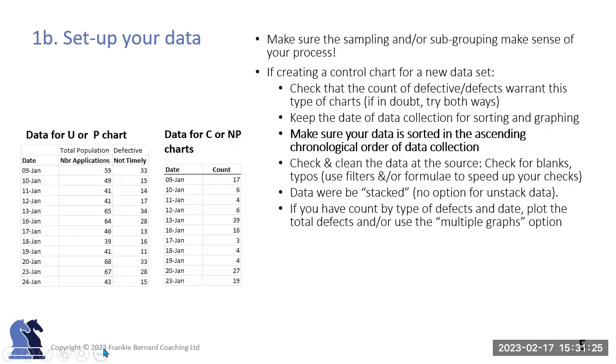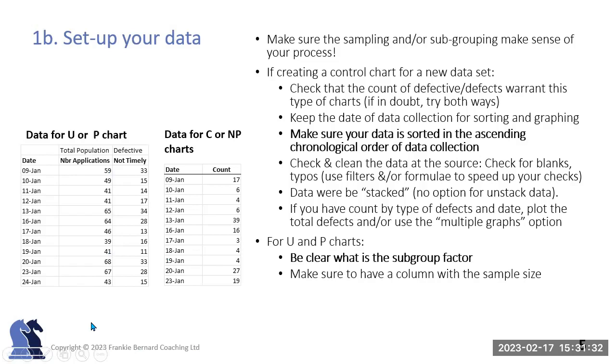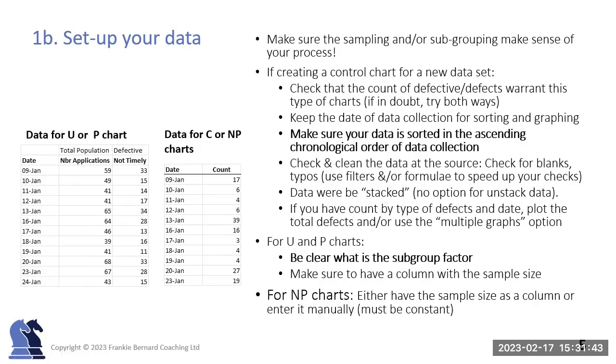And so this is an example of how you will need to have your data laid out so that you can run these charts. Keep in mind that for the U and P charts, as I said, you really need to have the subgroup size included so that Minitab can run. For the NP chart, it will only need to be provided either as a constant number, which you can type in directly, or if it's easier for you, you can again have a column and put the number in there. But obviously then it will need to be on every single row.